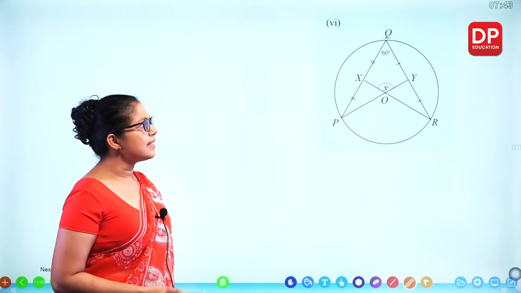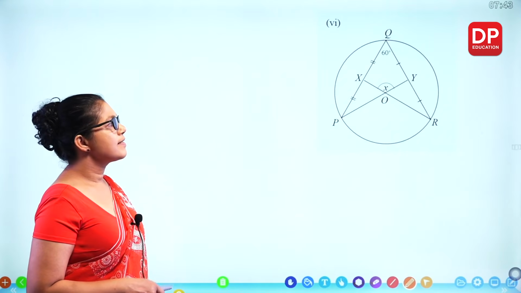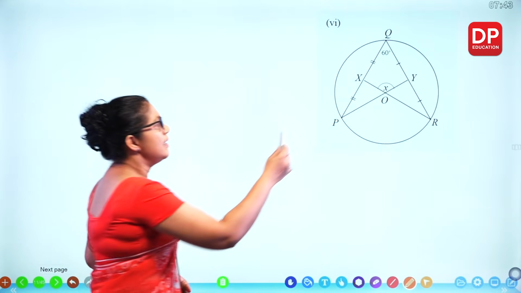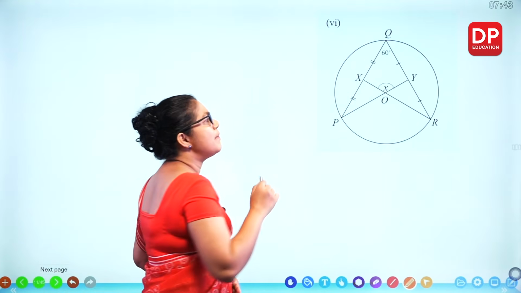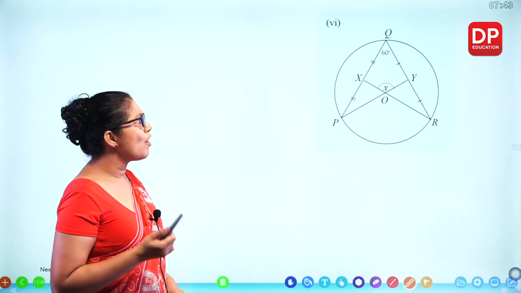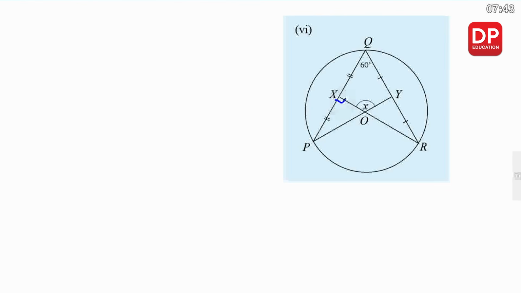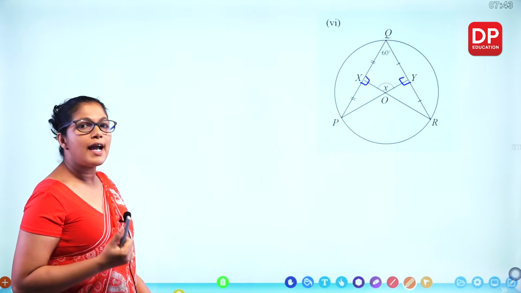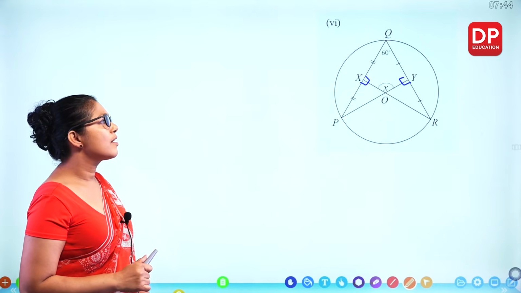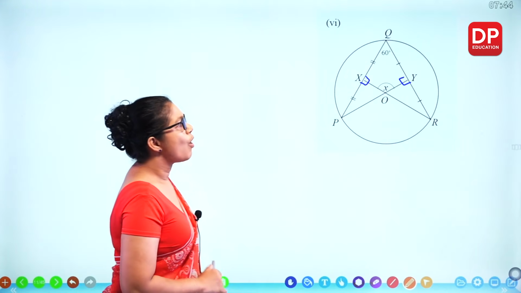This is about a circle and PQ is a chord, QR is a chord. And given that X is the midpoint of the PQ chord and Y is the midpoint of the QR chord. So straight away we can take these two angles as 90 degrees because the line joining the center with the midpoint of the chord is perpendicular to the chord.